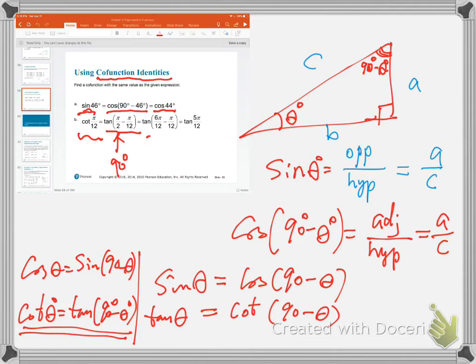Then we get tangent 5 pi over 12. Because you're looking at different angles, A is opposite of angle theta, but is adjacent of angle 90 minus theta. So here's the cofunction identity: we are looking at two acute angles in the same triangle.